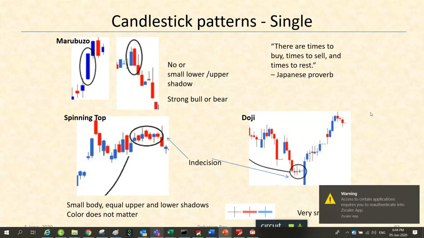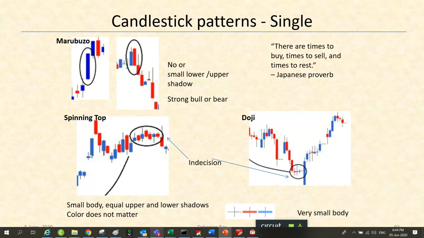If that is there, then you are going to predict there will be a huge change. If it is already at the top of a rising trend and then the Marubozu occurs, it indicates either a strong bull or a bear. Because it is rising, now the stock price is going to fall.